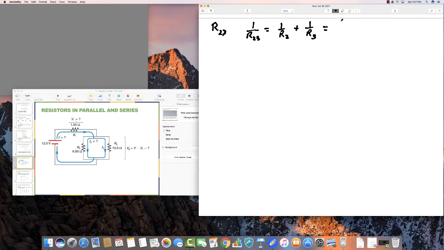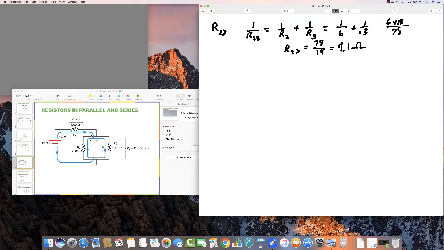And that's going to equal 1 over 6 plus 1 over 13, which is going to be 6 plus 13 over the multiplication here, which is 78. And if you do the math here, that means that R2,3 is equal to 78 over 19, and 78 over 19 is 4.1 ohms.